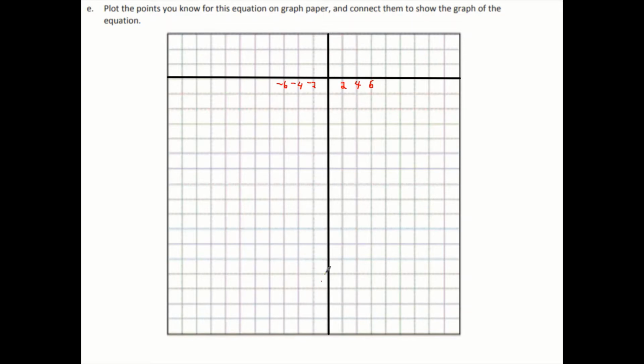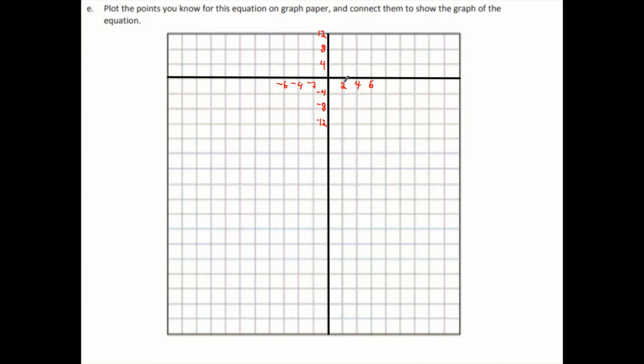But since I don't have as much space and I have much larger numbers along this one, I'm going to have each number here represent 4. So I've got 4, 8, 12, negative 4, negative 8, negative 12, so that I'll be able to fit it all onto this smaller grid that I have.